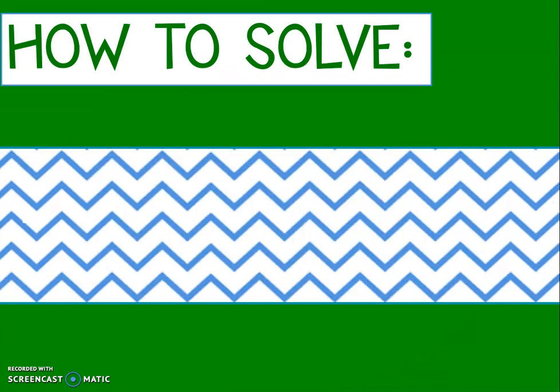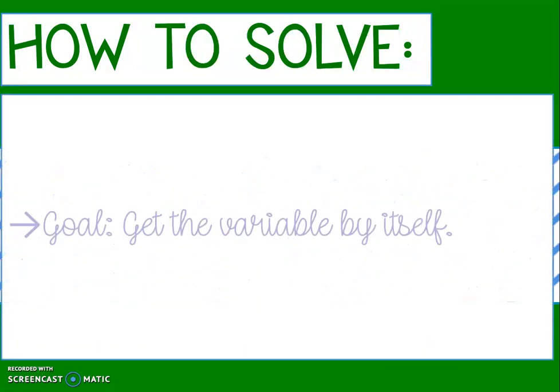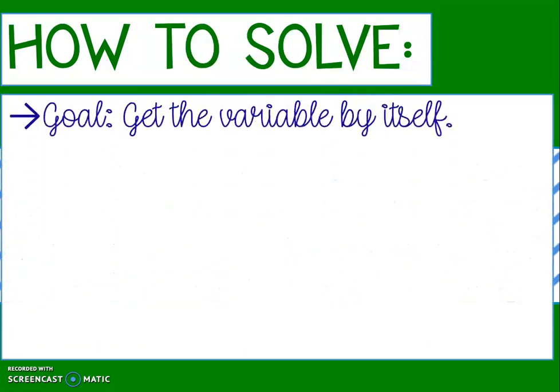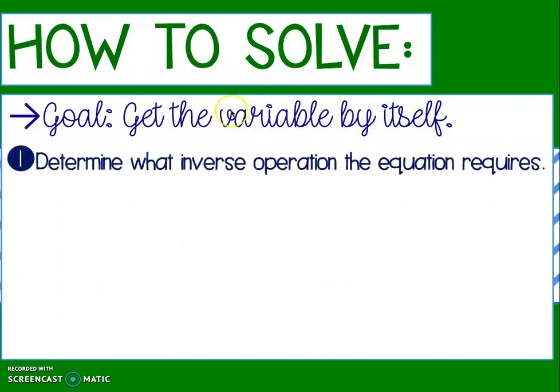So how to solve. Let's go over that really quickly. The first thing to remember is that the goal of solving any equation is to get the variable by itself. We're trying to do everything we can to move everything else over so that we only have the variable left. Okay, so to do that, first determine what inverse operation the equation requires.